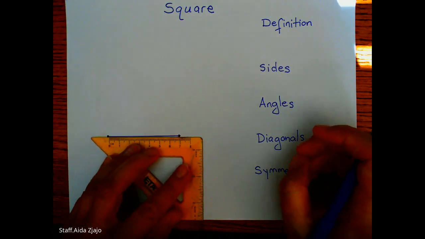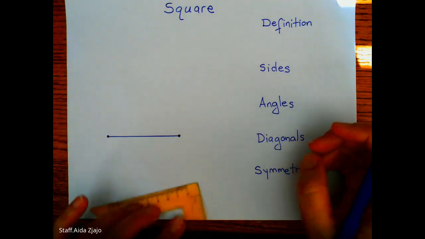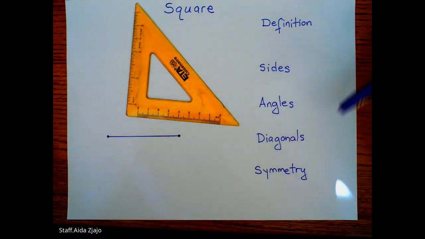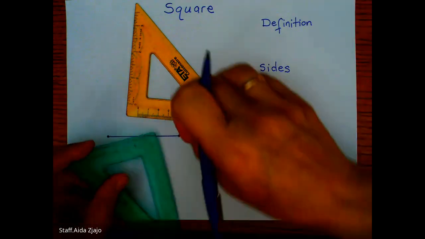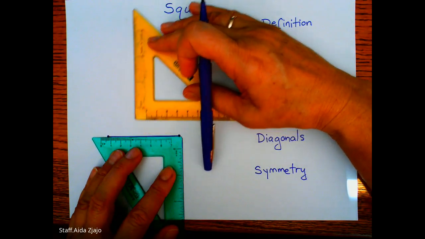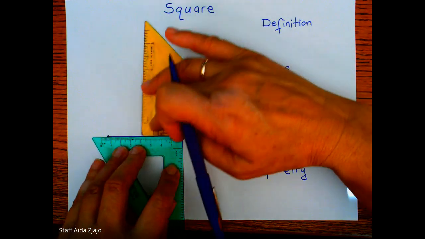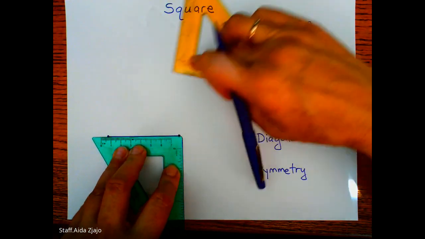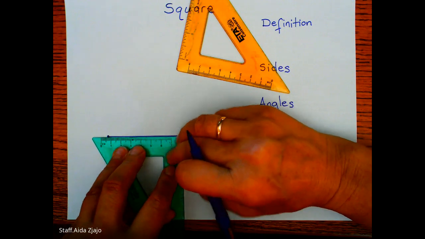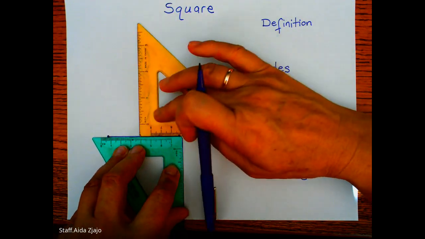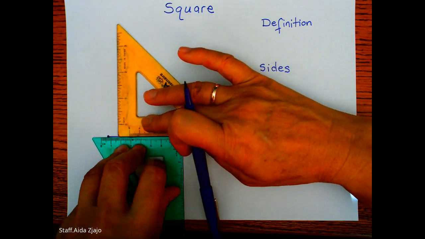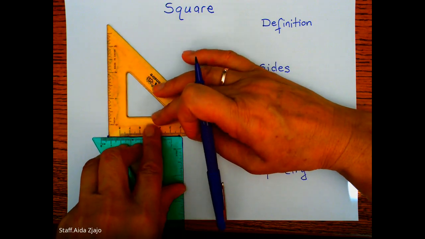So 7 centimeters, and I need right angles. A right angle is a 90 degree angle, and I can help create a right angle in any shape by using my triangular rulers. I can make a parallel with this green triangle, and I can do the opposite yellow triangle perpendicular to it.